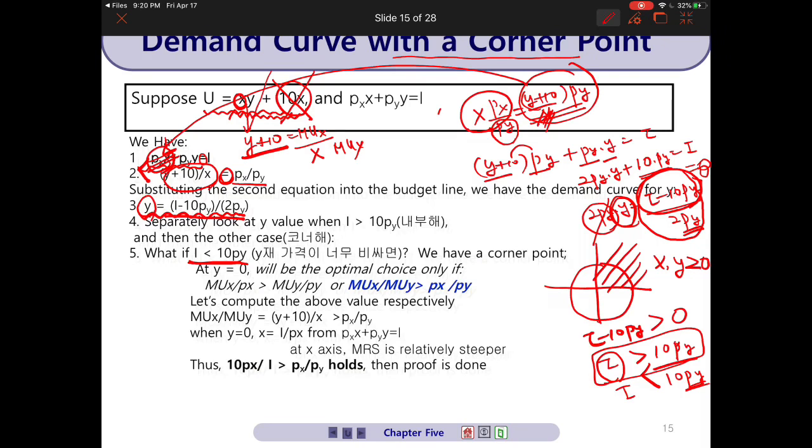Rather than having a negative, we just make the value of Y 0. The X-axis represents where the value of Y is 0. What about the Y-axis? The value of X is 0. So we want to find here the optimal basket, that's the corner basket. What's the characteristic of a corner solution? Let's think about this one.